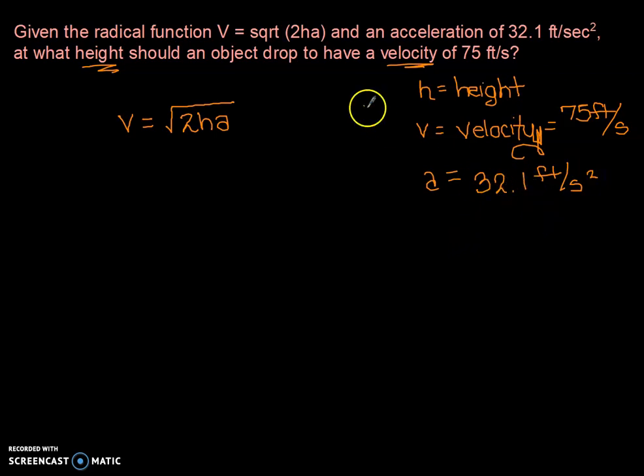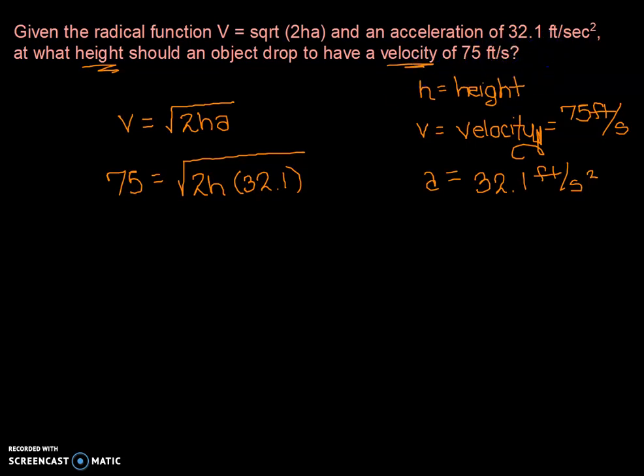Okay, so this is just like a regular algebra problem where we substitute in the values that we know and see where that takes us. So h we don't know, but we do know that the acceleration is 32.1. Everything works unit-wise, meaning everything is in terms of feet and seconds.